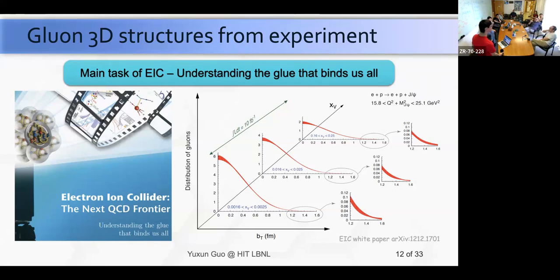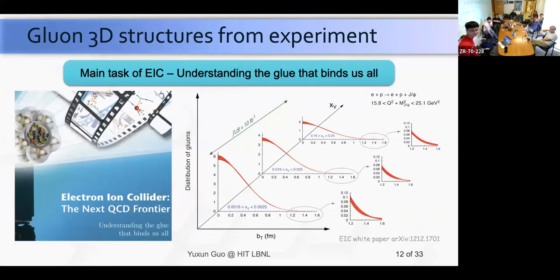That means they have a BFKL evolution for those GPDs. But for this ratio, you don't have that. This is a larger, not very large, but larger x region, so it could be different, but the general picture is the same.